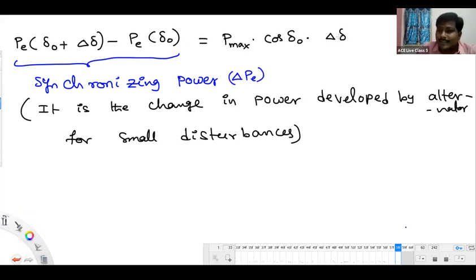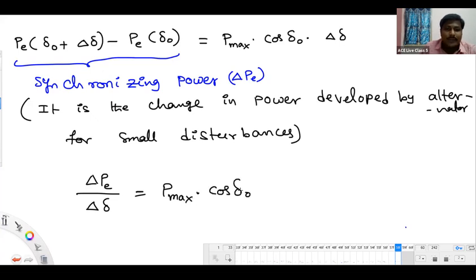Now the disturbance is delta delta, in terms of radian. You take that to the other side. So finally, what you can write here is delta PE by delta delta. What is that now? It is the value P maximum cos delta naught.